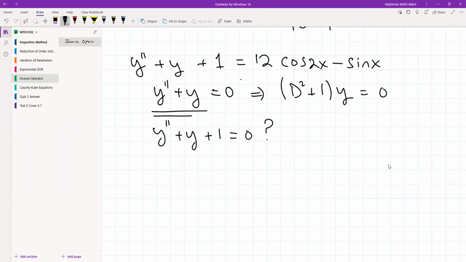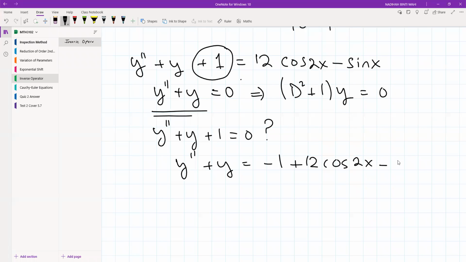Because the y is the 1. If you add 1, it has no y. It's acceptable, because this is just a constant, it has no y. It is not a coefficient of y prime or y or anything else. It has nothing to do with y. It's just a constant. So if I rewrite this equation, it becomes y double prime plus y equals minus 1 plus 12 cosine 2x minus sine x.